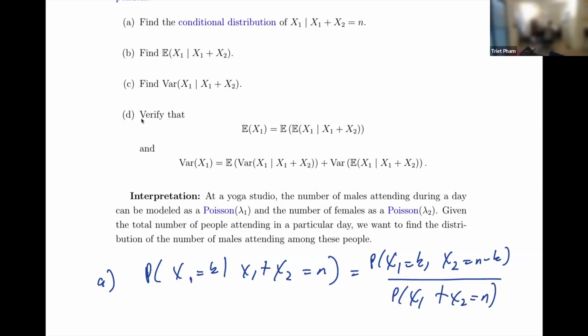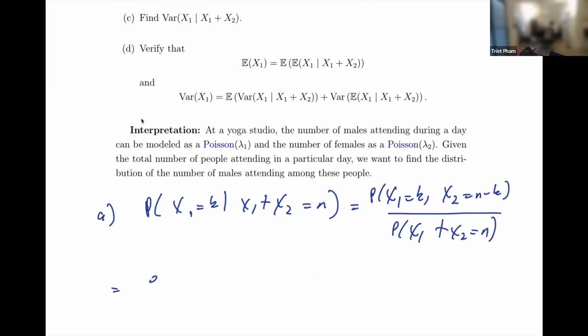And it follows almost the same pattern as the previous problem, except now we do a Poisson. So the top right is e to the minus lambda 1, lambda 1 to the k over k factorial, e to the minus lambda 2, lambda 2 to the n minus k over n minus k factorial, right? Because they're independent.